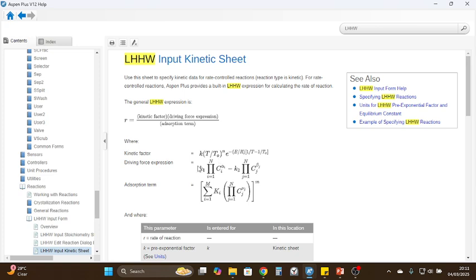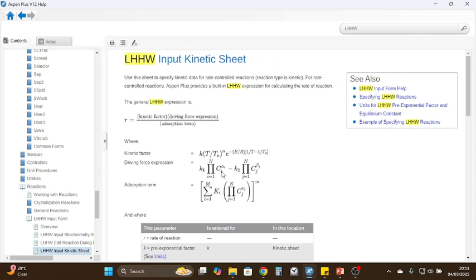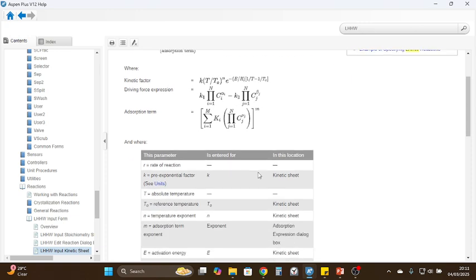So over there, we have this differential term where i is equal to 1 to n, Ci to the power alpha i, minus K2, j is equal to 1 to n, Cj to the power beta i, where K is the pre-exponential factor of those associated terms and C is the concentration.